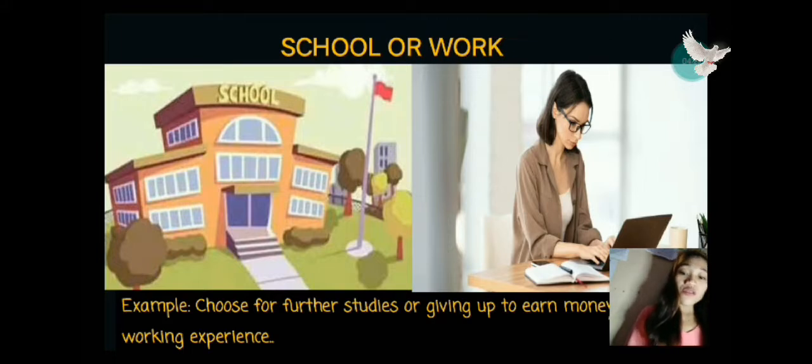One of the problems that I faced before in my life is when I had to make a decision about what I want to do after high school. So, if I choose to further my studies, that means I would have to give up the chance to earn money and gain working experience.